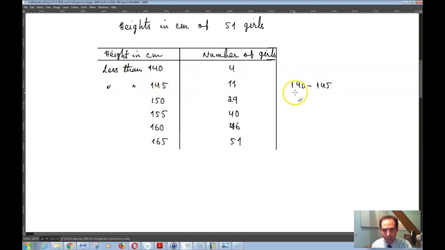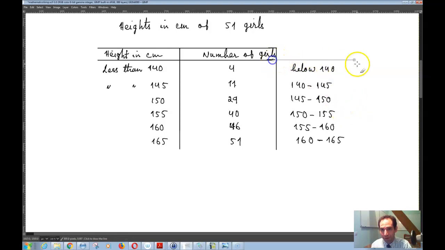We could write these classes as 140 to 145, 145 to 150, 150 to 155, 155 to 160, 160 to 165, and below 140. So these are your classes.